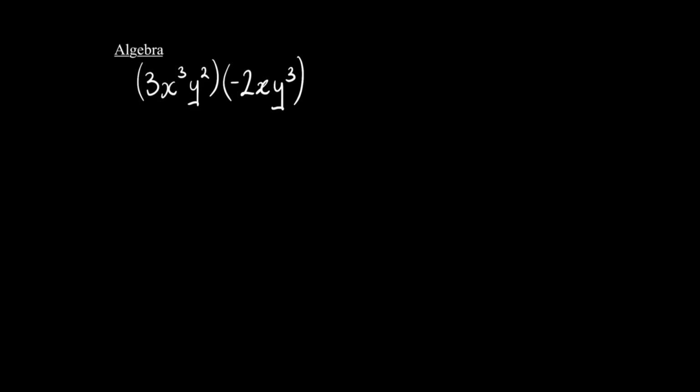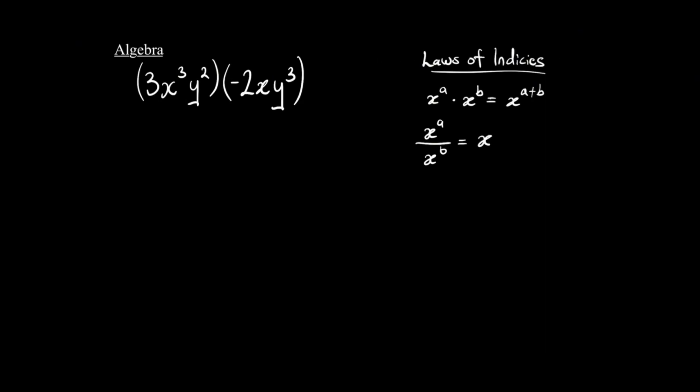And we could take a note here, the laws of indices, which says if you have x to the a multiplied by x to the b, the same as saying x to the a plus b. And if you have x to the a divided by x to the b, it's the same as saying x to the a minus b.